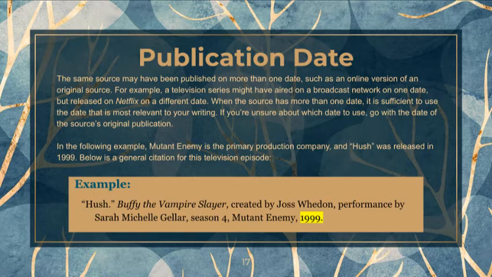And if you're unsure about which date to use, go with the date of the source's original publication just to avoid any confusion. So below you can see the example from a television episode, and the publication date is followed at the very end in a normal standard font.